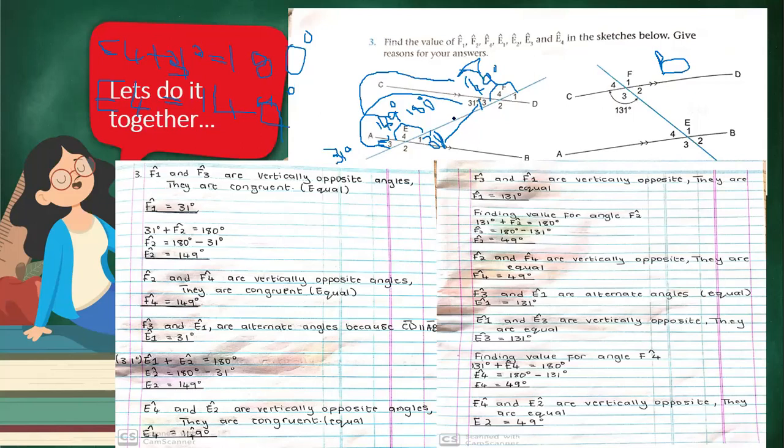Right. So again, we have another opposite pair on our interior. Can you see that one? Yes, it's angle E4 and angle F2, which is this angle right here. They are opposite, and they are our alternate angles, and our alternate angles are equal.